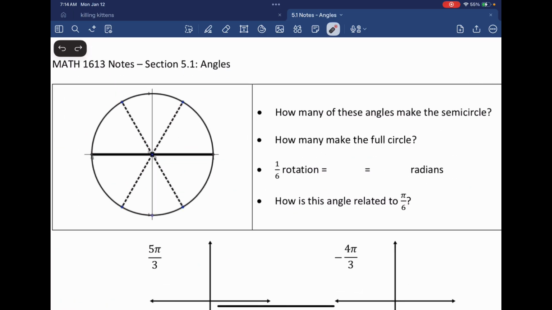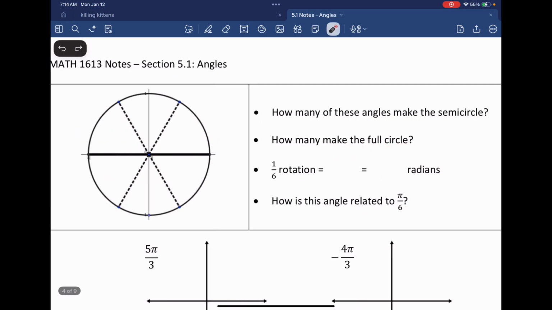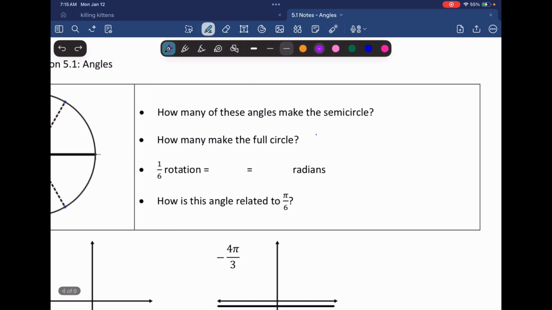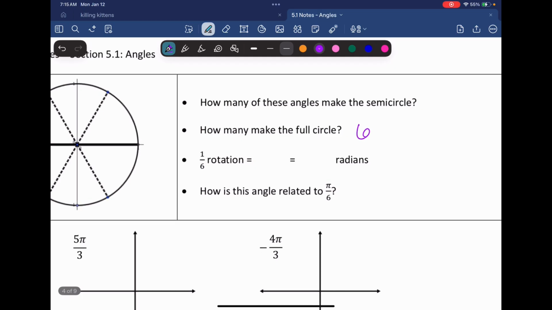Okay, how many of these angles make the full circle? Okay, it takes 1, 2, 3, 4, 5, and then 6. How many of these angles make the semicircle? So half of that would be 3.